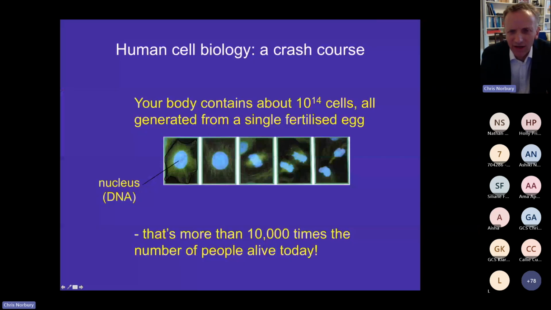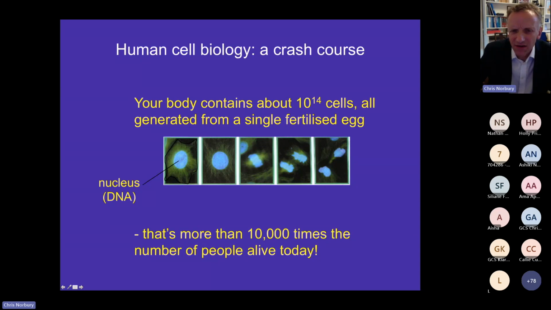And just a quick refresher course to remind you of something that I think is probably already familiar to you. You know that we're made of cells. We're made of an awful lot of cells, around about 10 to the 14 nucleated cells in a human being, and they're all generated, of course, ultimately from a single cell, the fertilized egg.